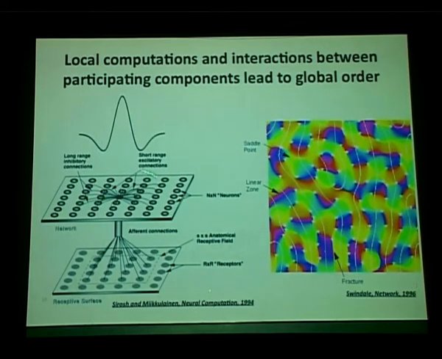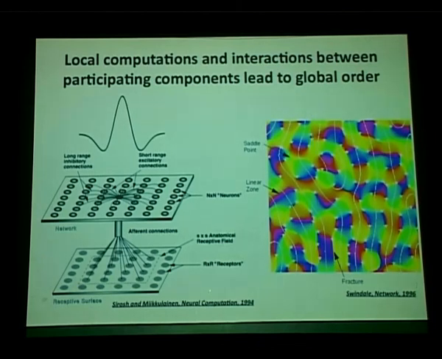This has been heavily used, and thanks to Kohonen and others, the idea of self-organization, where local computations and specific interactions between participating components, in this case neurons, lead to global order where the maps are formed in a certain order. You get global order not because you are enforcing it on the system, but because there are local computations and interactions between these adjacent compartments.